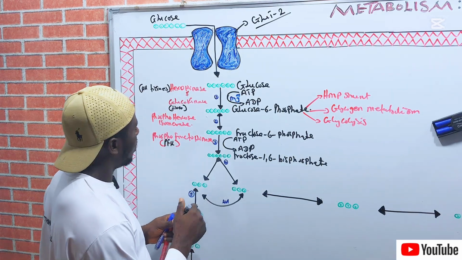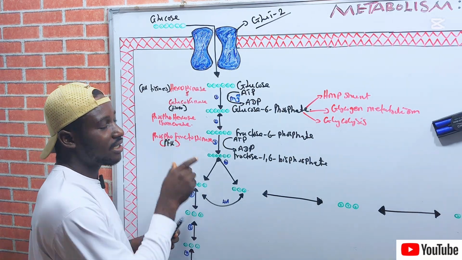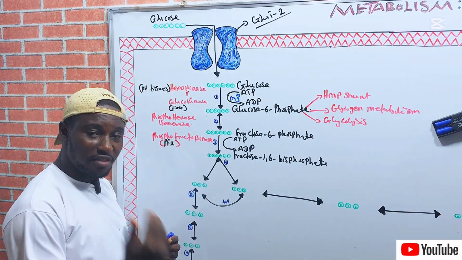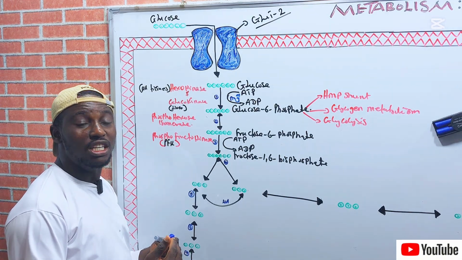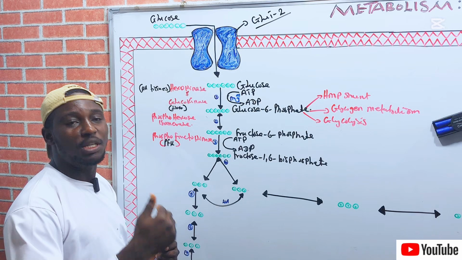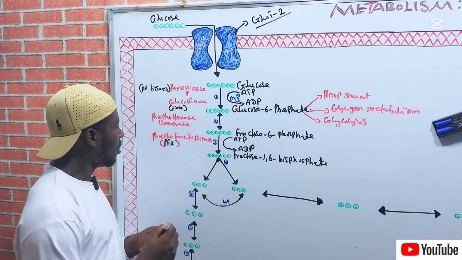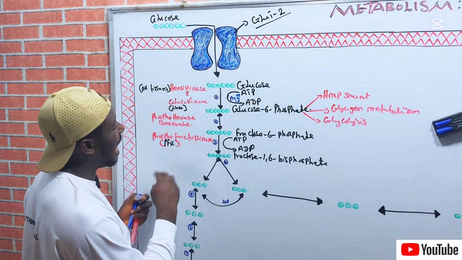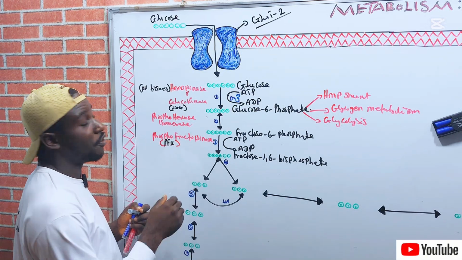And this PFK has an activation and also inhibitions. That means it has an activator and inhibitors, right? What are the activators of PFK?